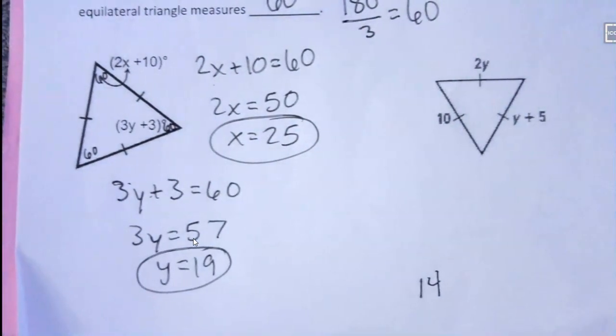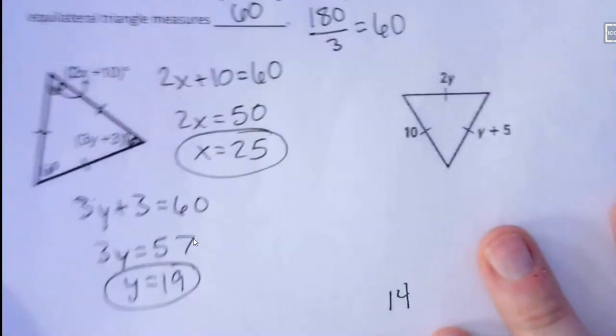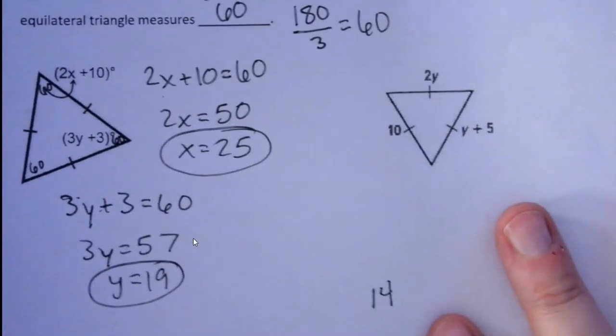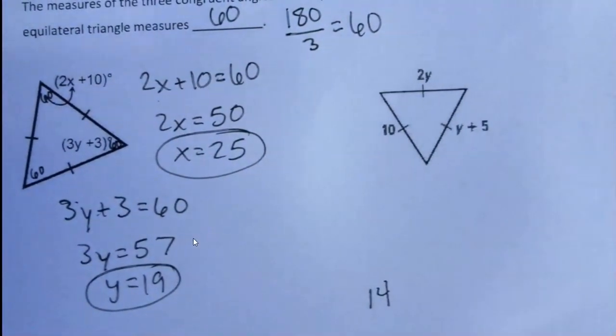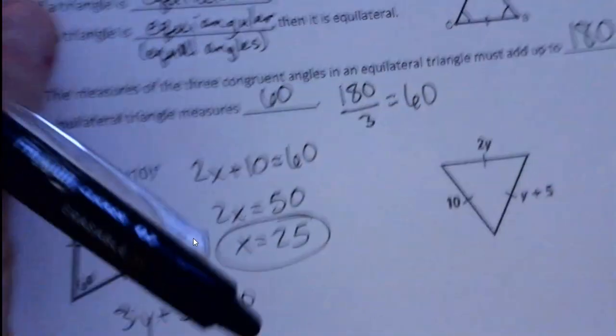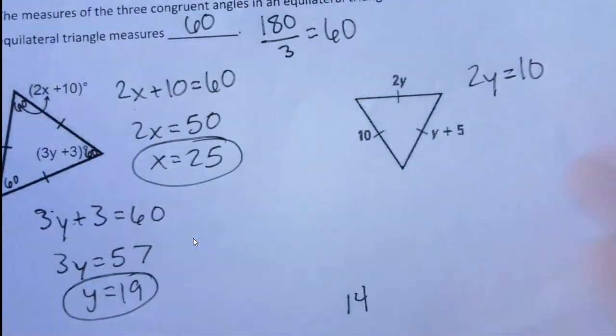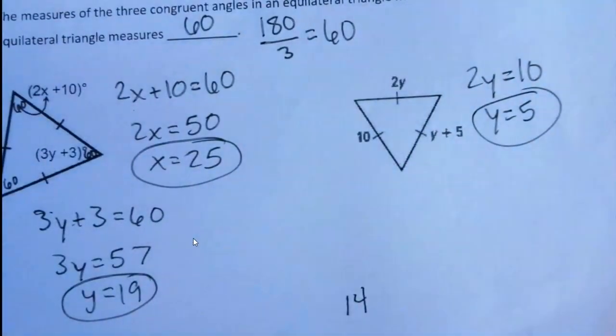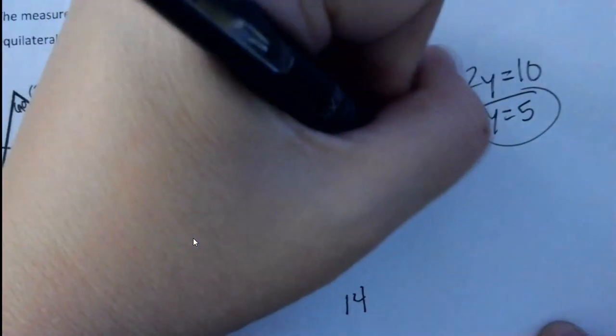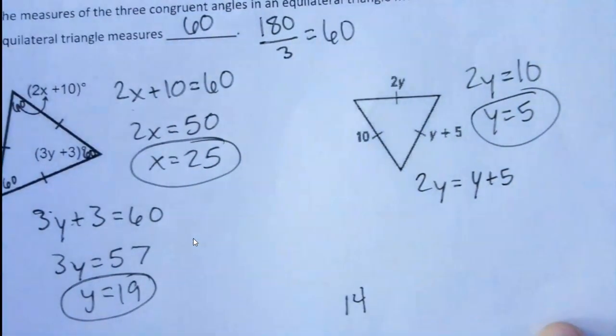All right. And then when we look at this next one, there's 3 sides that are congruent. So it is up to you what you choose. There's different ways to solve it. You can choose, oh, I want to set 2y equal to 10. Okay, great. You're going to get y equals 5. But you would get the same answer if you chose to set 2y equal to y plus 5, because all the sides are equal to 10.